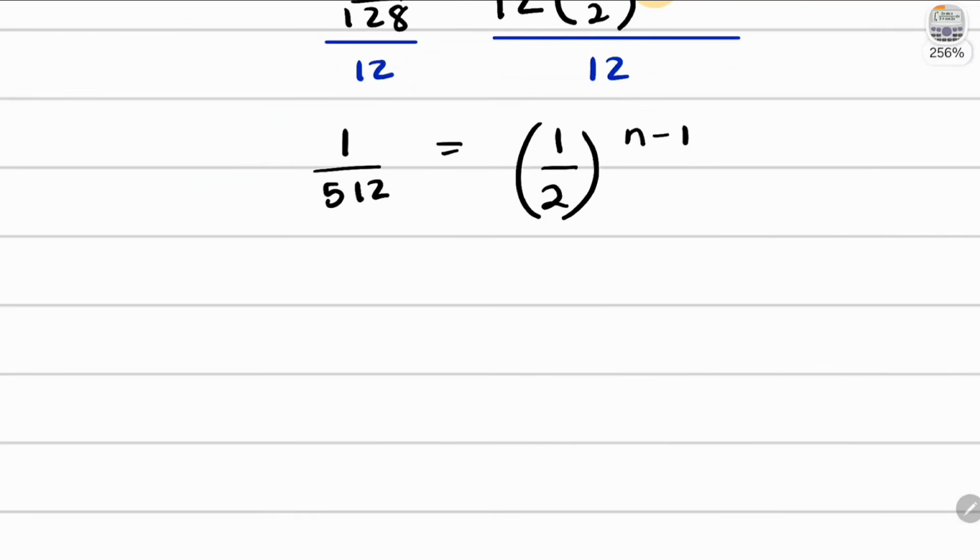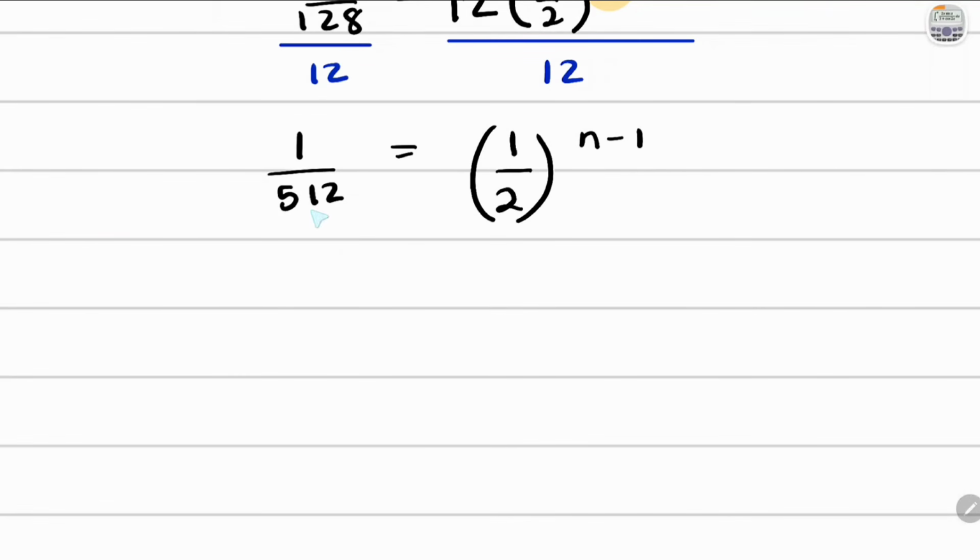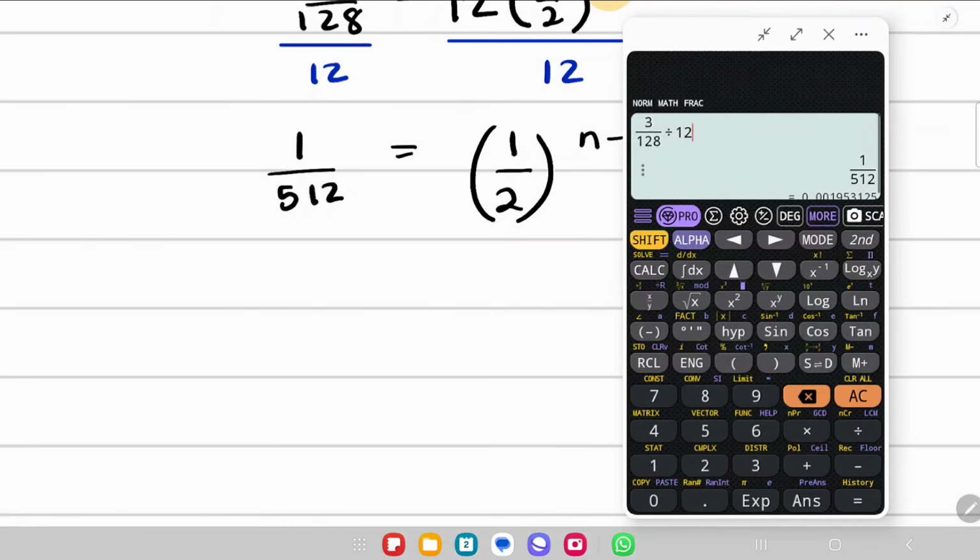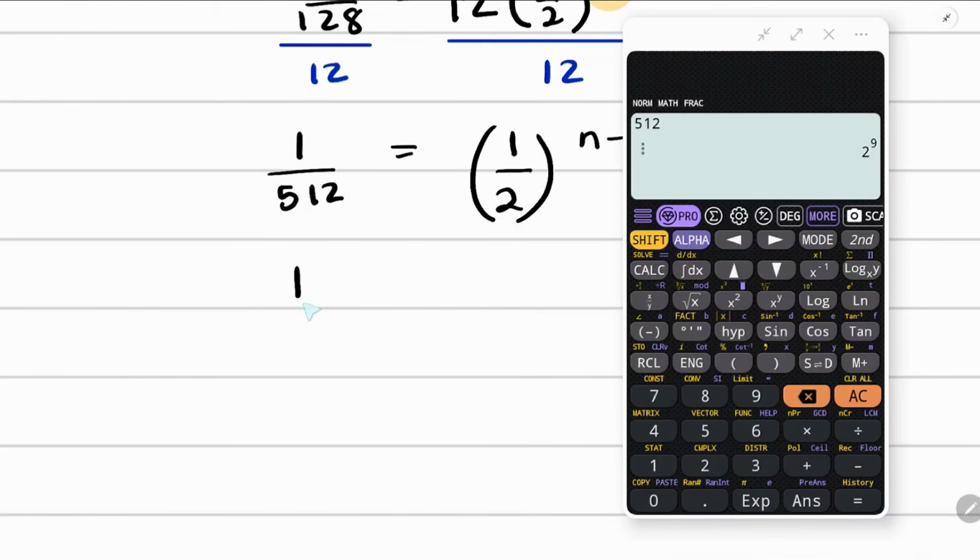Now, this is actually just an exponential equation because the thing you're looking for is in the exponent. So you're going to have to make your bases the same. So how do we make 1 over 512 a base of a half? Well, 512 can actually be a base of 2. See, if you type 512 and use shift fact, you see that that gives you 2 to the power of 9. So it means that you have 1 over 2 to the power of 9.